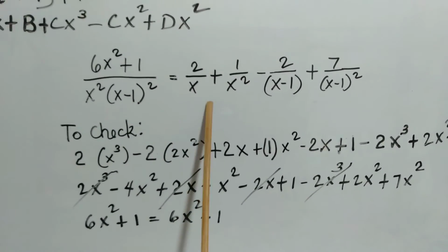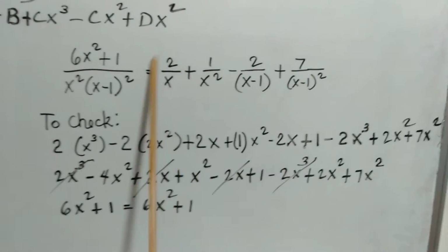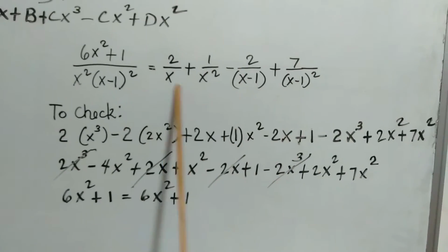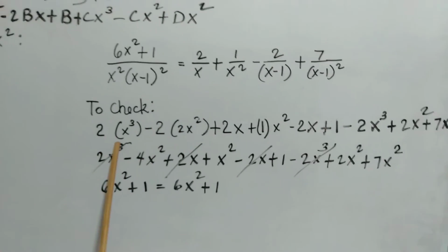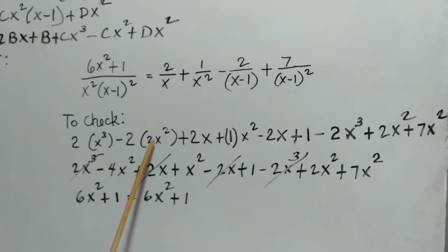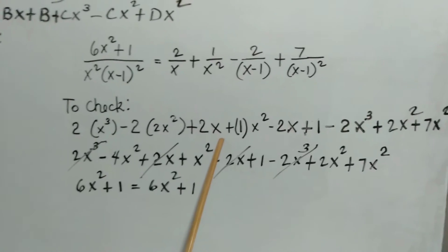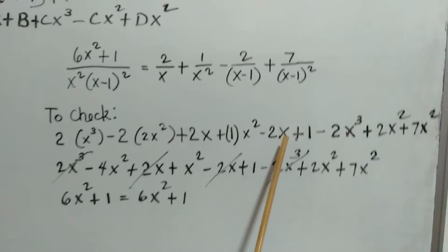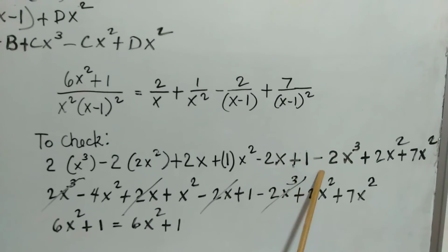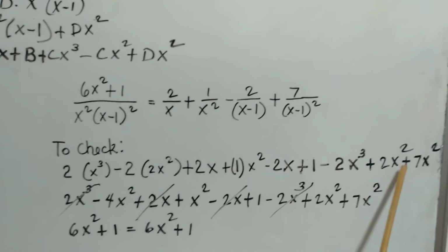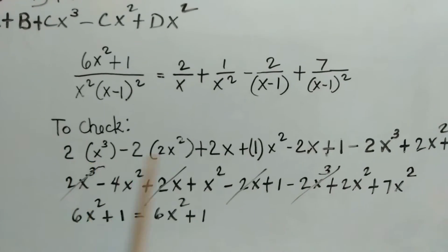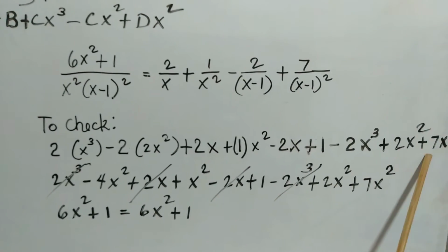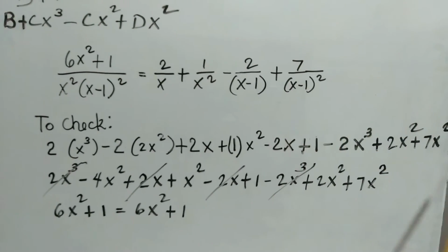So multiplying this fraction by the LCD, we get 2x cubed minus 2 times quantity 2x squared plus 2x plus x squared minus 2x plus 1 minus 2x cubed plus 2x squared plus 7x squared. So this will be the numerator of the right side of the equation.